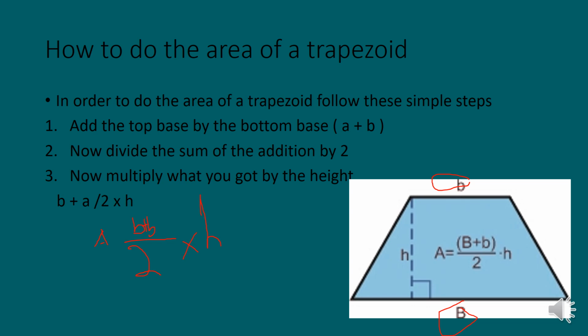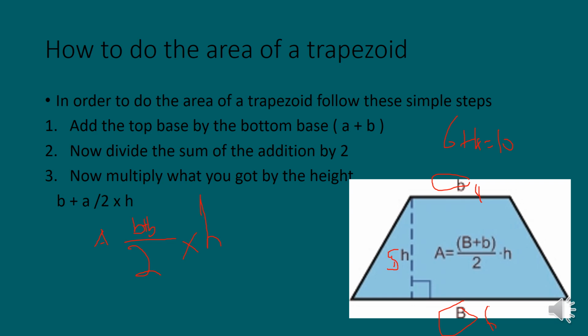So let me give you guys an example. H is 5, let's say that, right? That's the height. Then one base is 4, and the other base is going to be 6. All right, guys? Then we just do bottom base plus top base. What's 6 plus 4? 6 plus 4 equals 10.